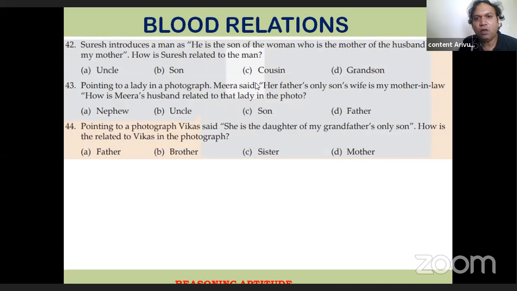Suresh introduces a man as, he is the son of the woman who is the mother of the husband of my mother. So who is talking? Suresh is talking. Okay. Now, how is Suresh related to that man?